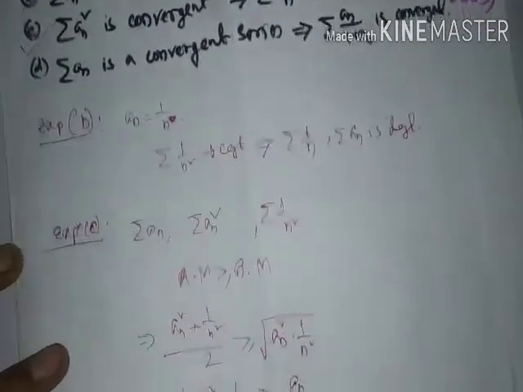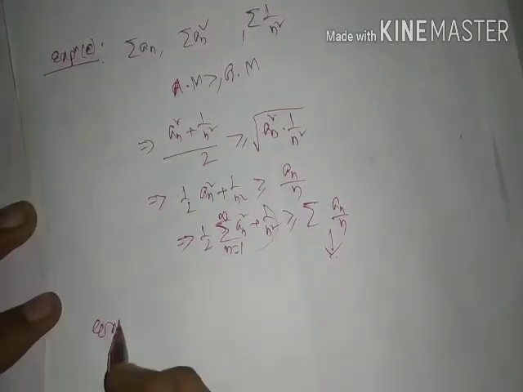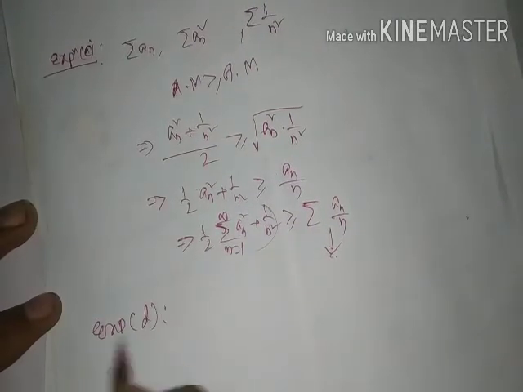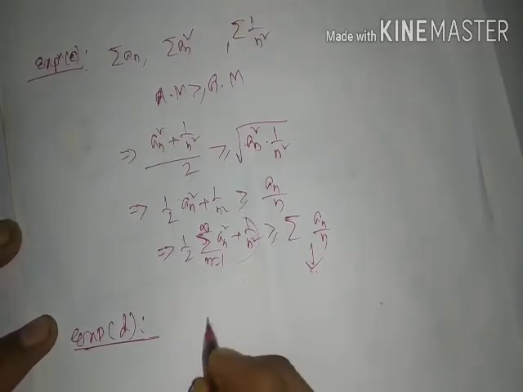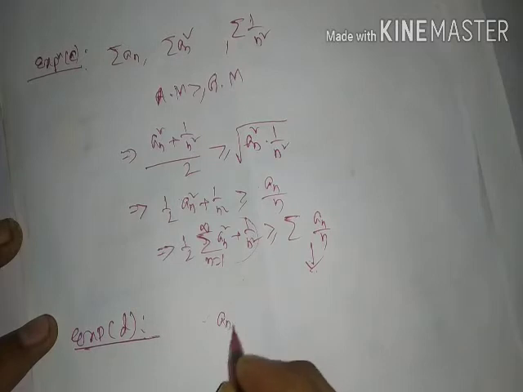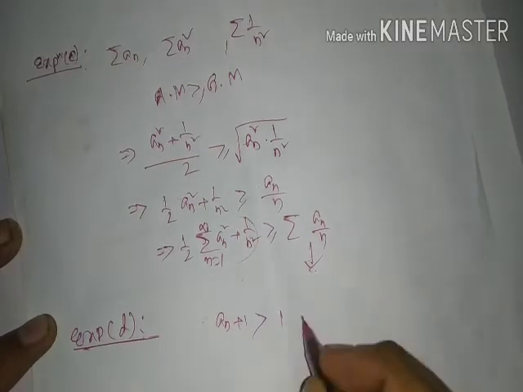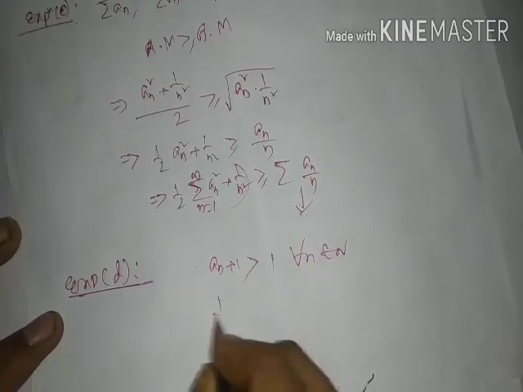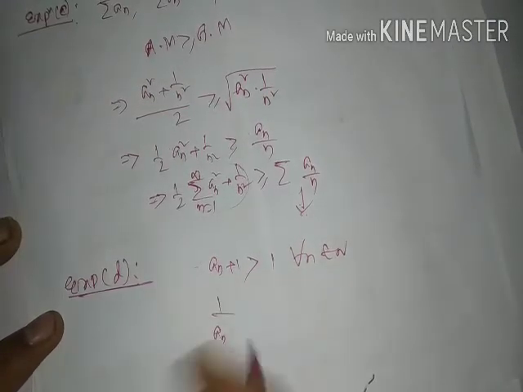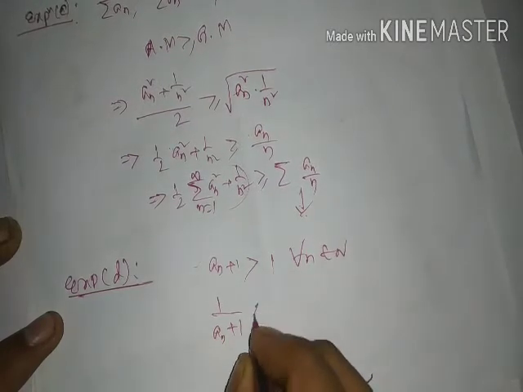Next we see the last option. Explanation of option D. Given n plus 1 is greater than 1 for all n belongs to set of natural numbers, and 1 by n plus 1 less than 1.